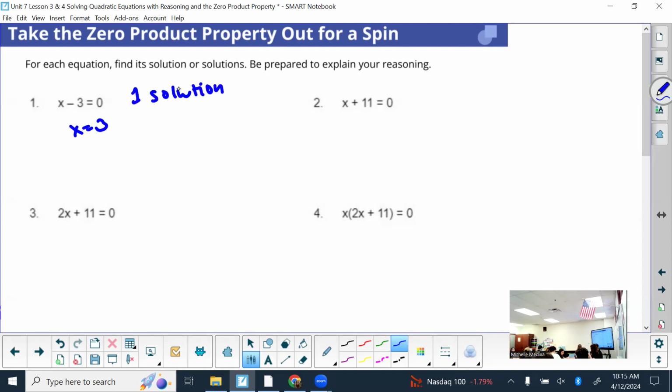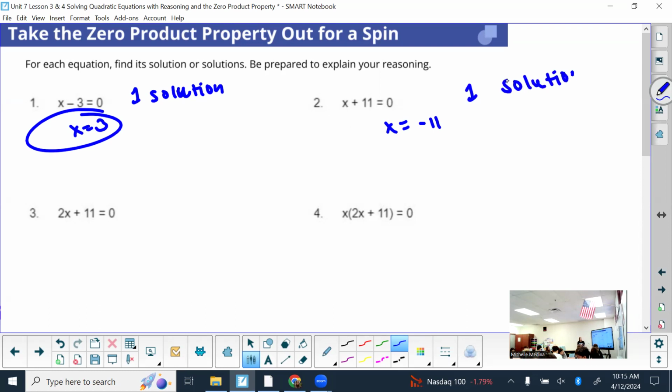Notice this was not like a multiplication problem, so that's why there's just one solution. 3 minus 3 gives me 0. Now table 4, what does x have to be in number 2 to make it 0? -11. Are there any other numbers that can make it true? So just one solution for that one.